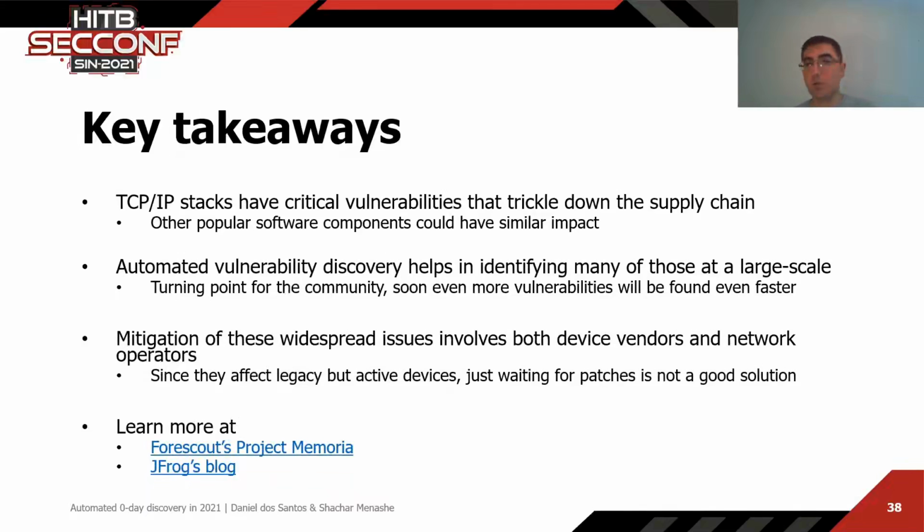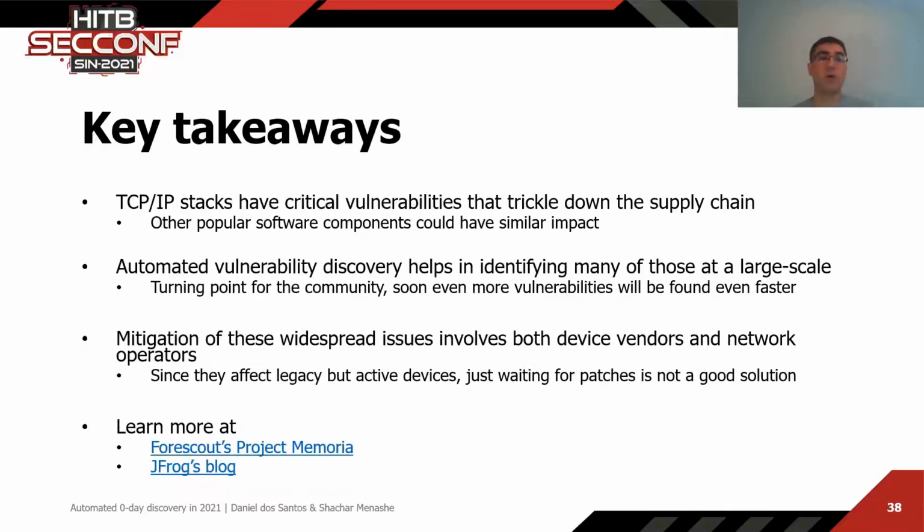And that have this supply chain impact. So basically, there will be in the future for sure many more vulnerabilities of the same type that affect several types of devices and vendors at the same time. Automated vulnerability discovery helps in identifying many of those at a large scale, right? So we believe that this is a turning point for the community.